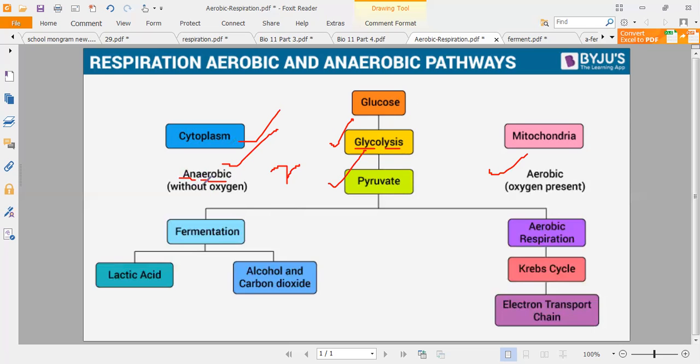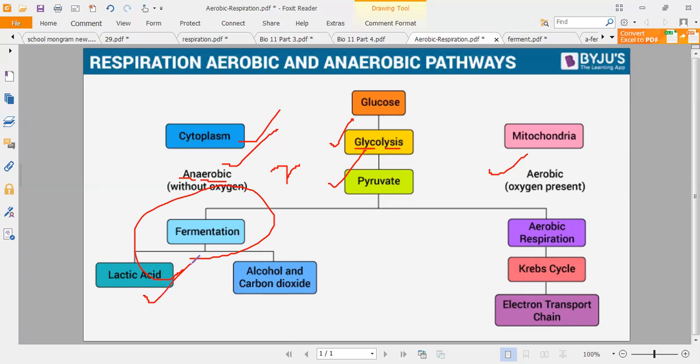So anaerobic respiration is further classified into two types. Pyruvate then changes into two categories. The breaking down of the pyruvate molecule in the absence of oxygen is called fermentation.